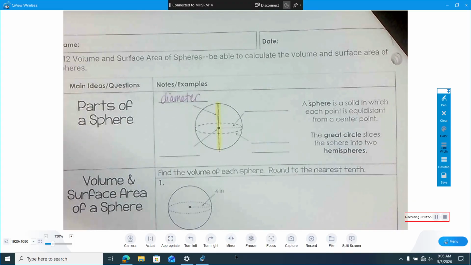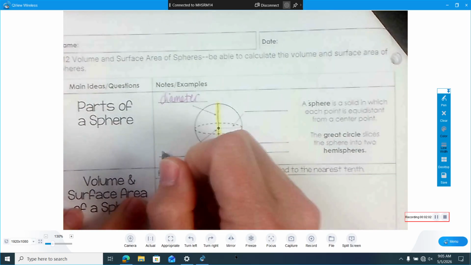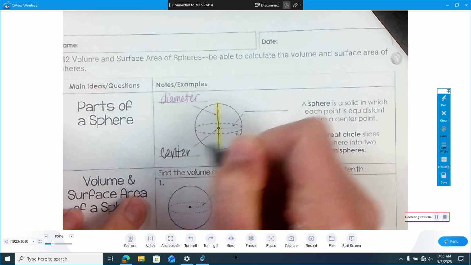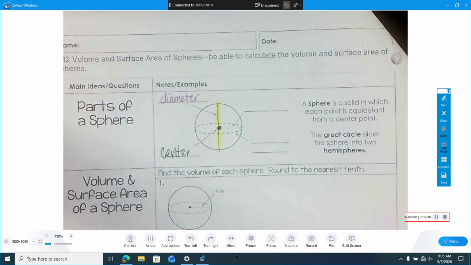Just like we have a diameter of a circle, we have a diameter of a sphere, and it goes through the center. This is the center, the big dot right in the middle. That'd be like the Earth's core. It's the very center of the sphere, so you have to know the center.